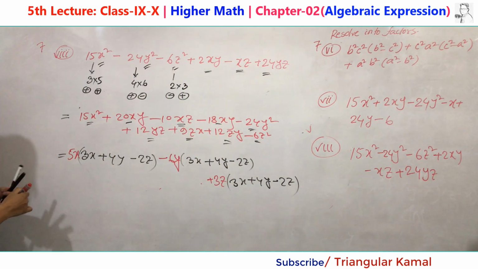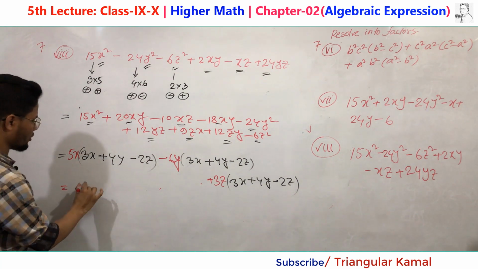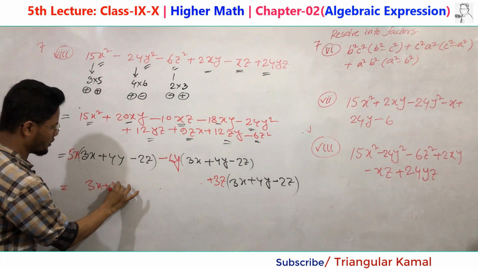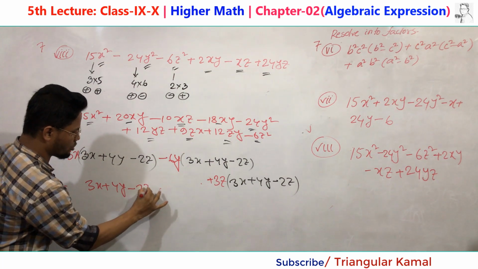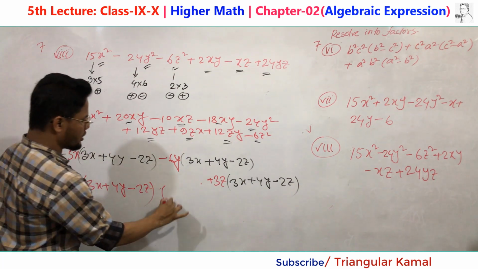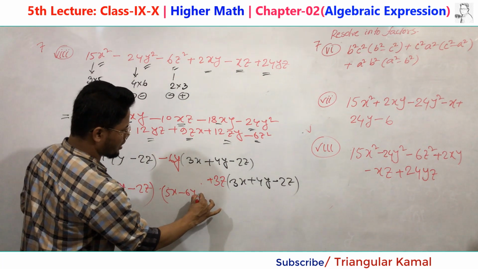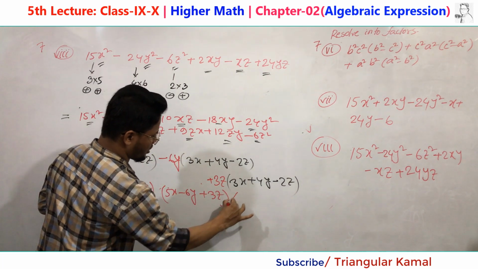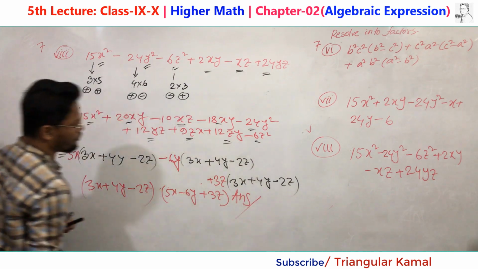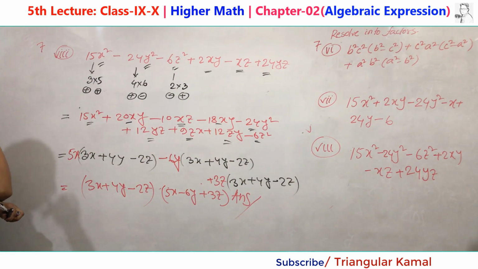So all are the same. Now just write the common factors: 3 times x plus 4 times y minus 2 times z. And which one is remaining? 5 times x minus 6 times y plus 3 times z. These are the two factors of number 8.